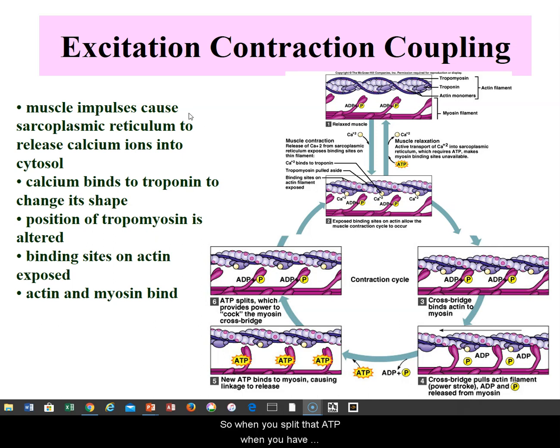When you split that ATP, when you have decomposition of ATP, catabolism, that ATP becomes ADP and phosphate. And when you split that ATP, there is energy involved, and that energy is stored in this myosin head. So it is like cocked and ready to go for a sliding filament and muscle contraction.